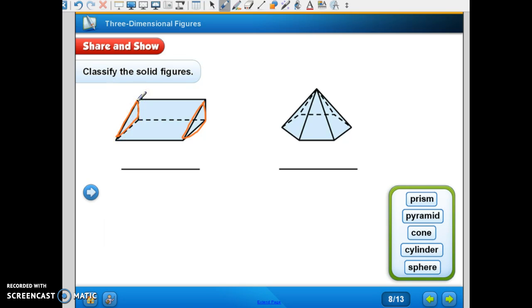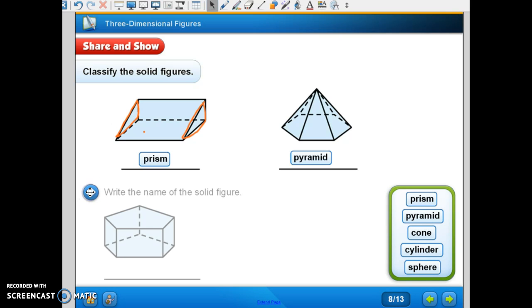And then it has lateral faces: 1, 2, and then there's one on the back. This one is a prism. So the difference between this triangular prism and this is what? It comes to one vertex. So if we were going to name it, we would say it has 1, 2, 3, 4, 5, 6 sides on its base. So it's a hexagonal pyramid.